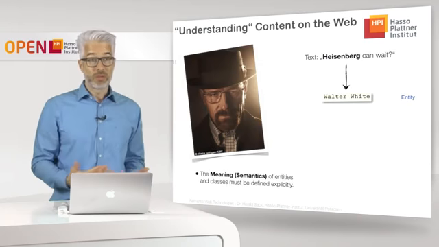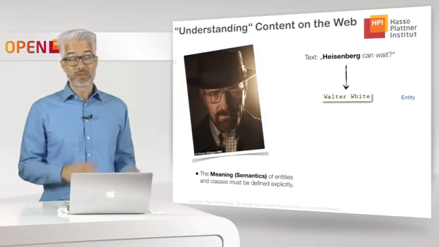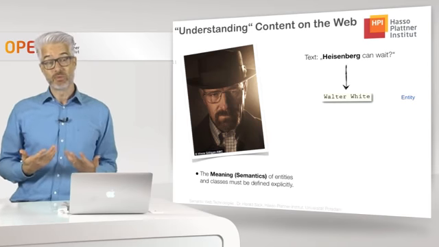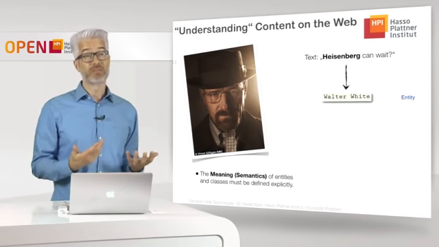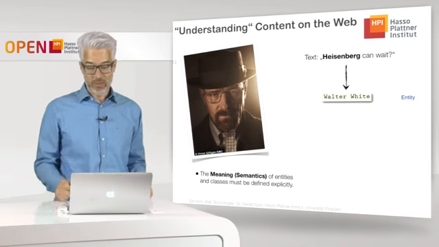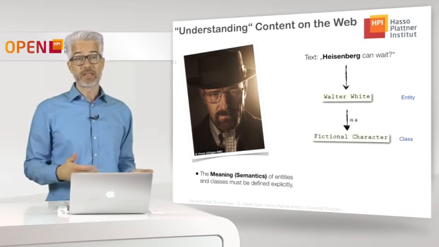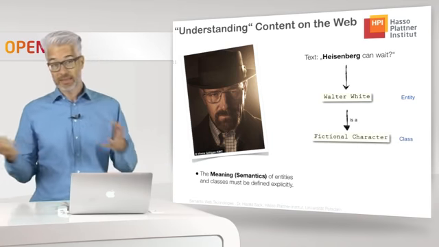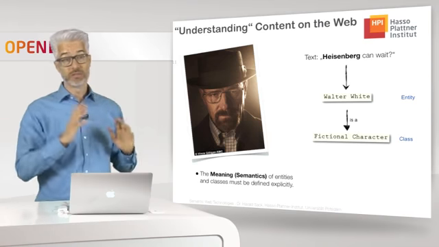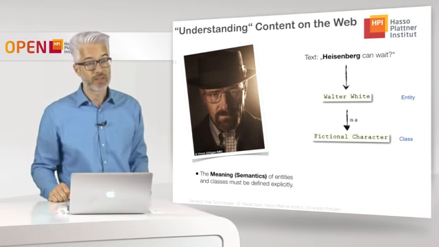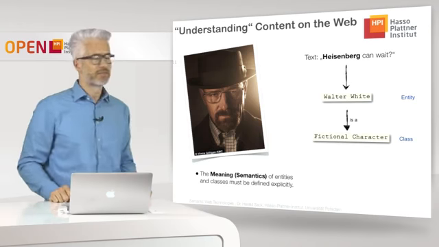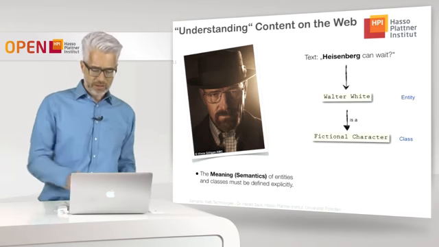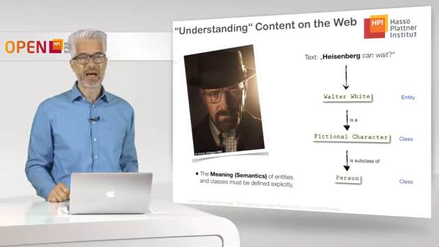So what do we know about Walter White? We know Walter White is kind of an entity, and we must determine somehow the meaning of it. What does it mean, Walter White? We know that Walter White is a fictional character. So this entity belongs to a given class, the class of fictional characters. So what is a fictional character? A fictional character is some kind of a person.